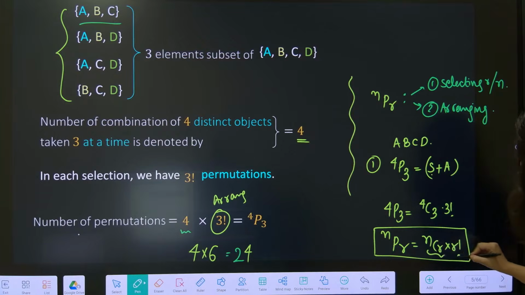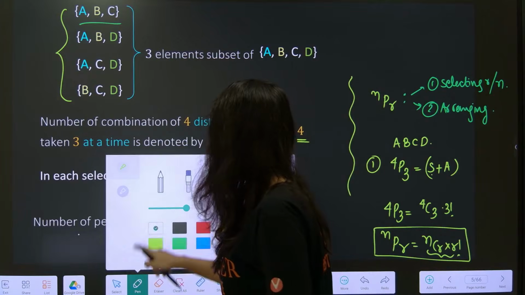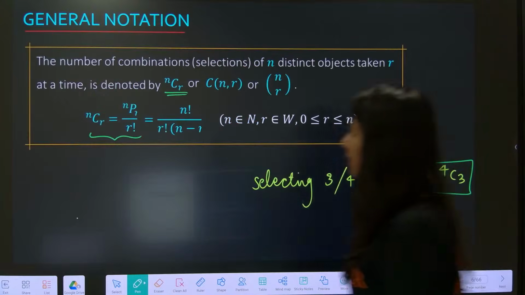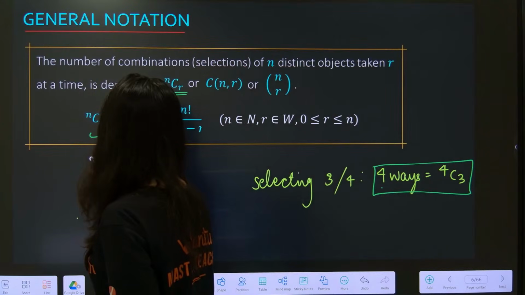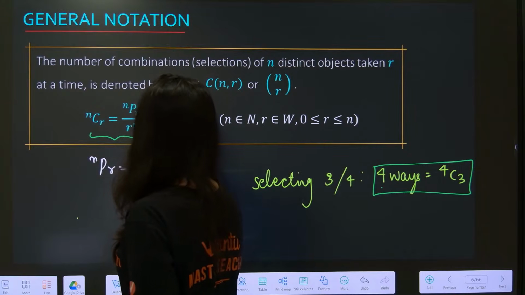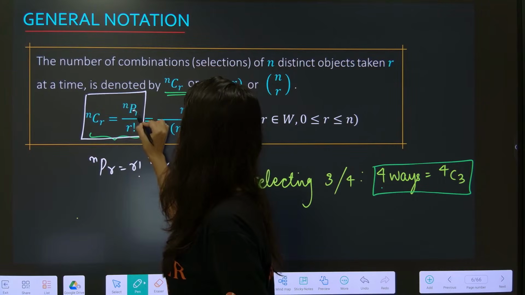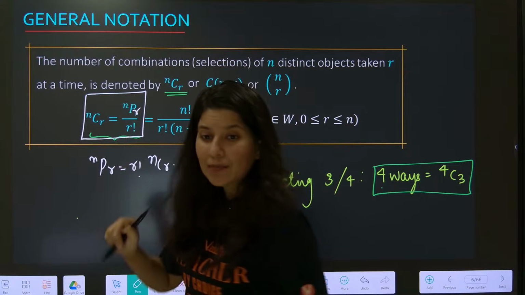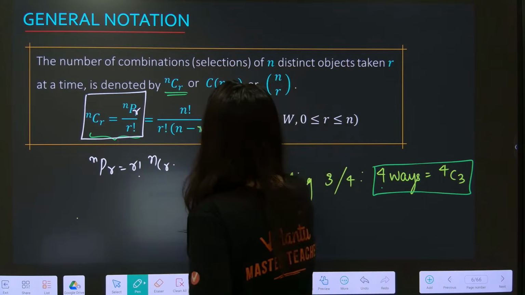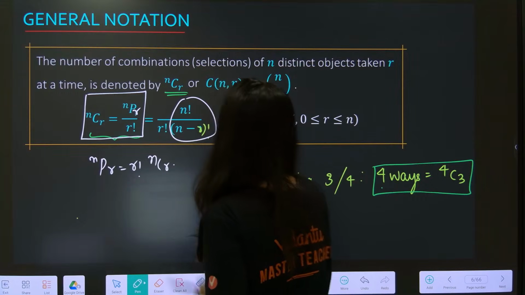So here NPR is nothing but R factorial into NCR. So the formula for NCR, can you see this? NCR is nothing but NPR upon R factorial. What is NPR? You know the formula for NPR. NPR is N factorial upon N minus R factorial. This is your NPR and this is your R factorial.